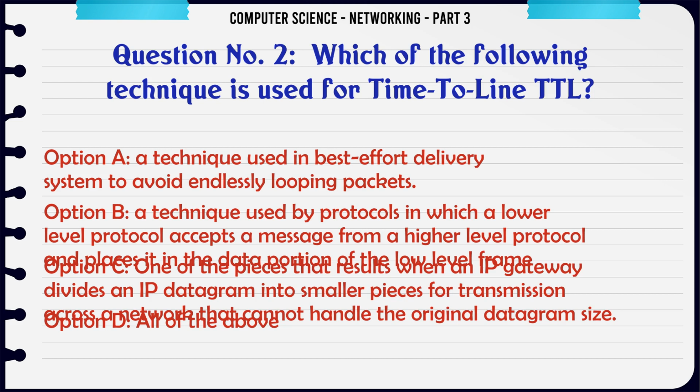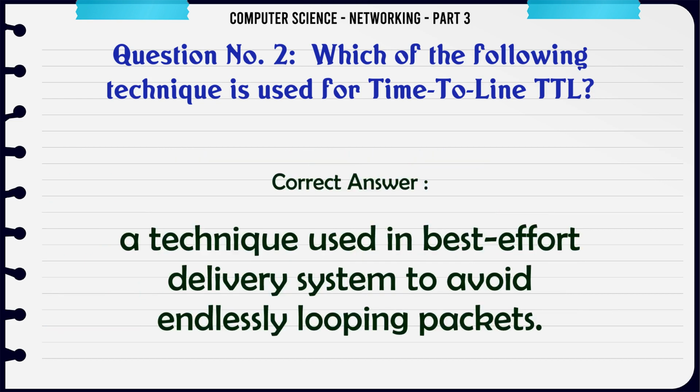C. One of the pieces that results when an IP gateway divides an IP datagram into smaller pieces for transmission across a network that cannot handle the original datagram size. D. All of the above. The correct answer is a technique used in best effort delivery system to avoid endlessly looping packets.